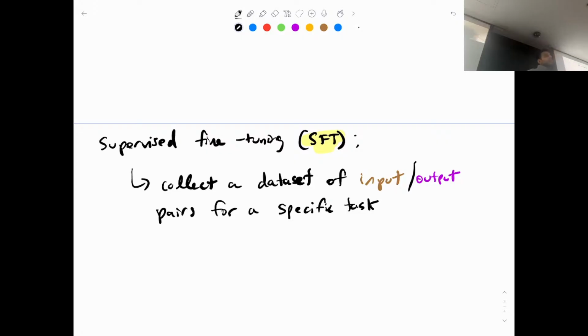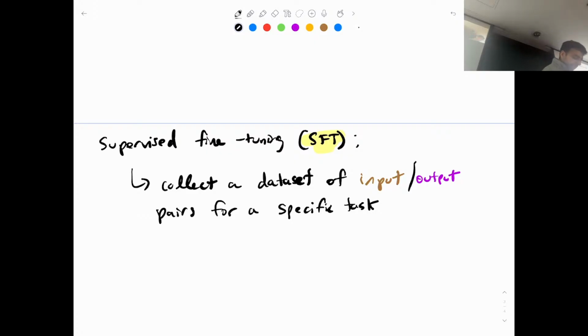Now, we will modify this definition a little when we get to instruction tuning. But for now, and in general, if you only care about one task and you want your model to be as good as possible on that task and you don't care about any other task, this is the way to go. Collect a dataset for this single task.